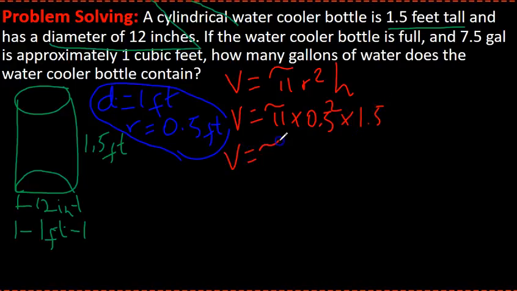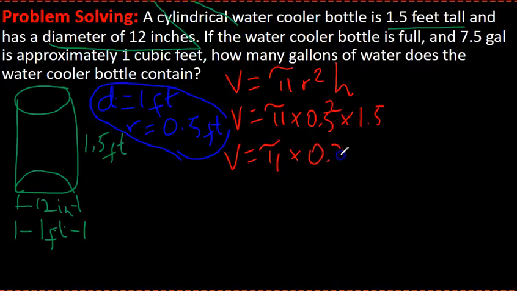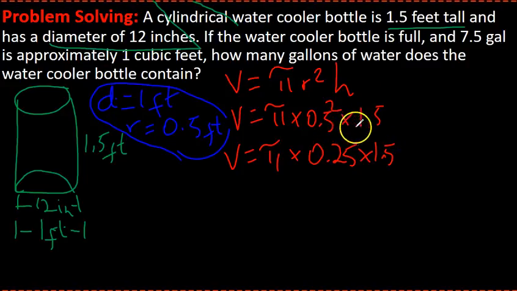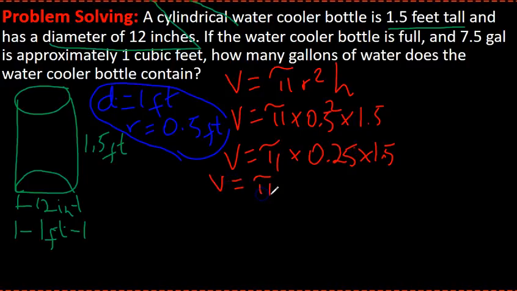So the volume is pi times, 0.5 times 0.5 should be 0.25. Again, it's very important you follow the order of operations. You have to square this before you multiply. So next step, we're going to multiply 0.25 times 1.5.